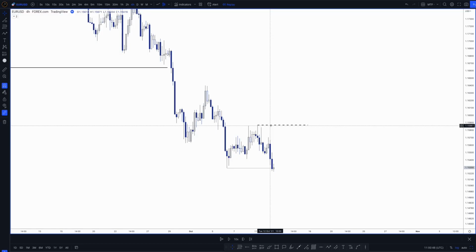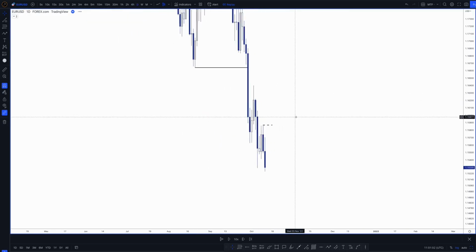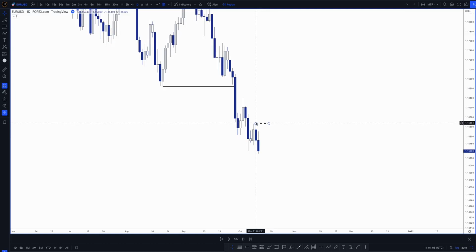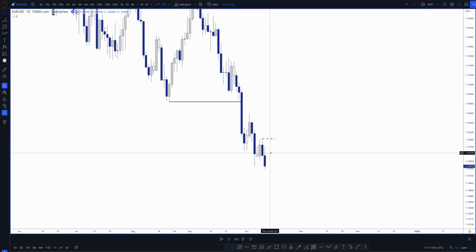So I guess the point I'm trying to make here is when you define your structure, so when you're drawing on swing structure or fractal structure or internal, you define it on the time frame you are on, okay? So when we're on the daily chart here, that's where the fractal high is because it's mechanical. You don't draw the fractal high because of how the 4-hour chart is looking.